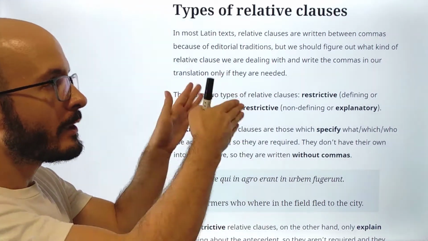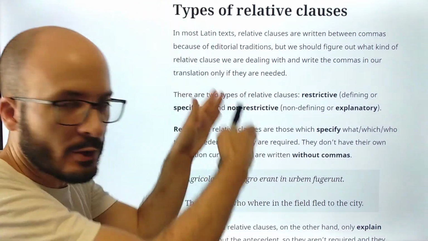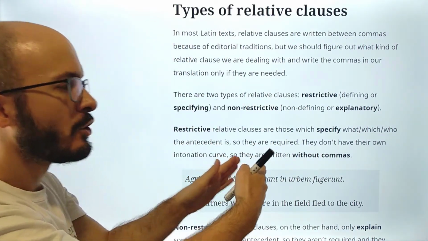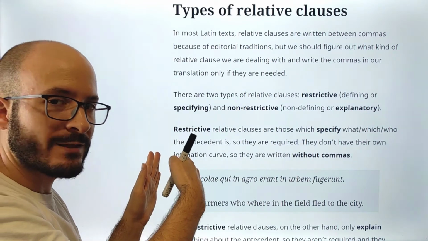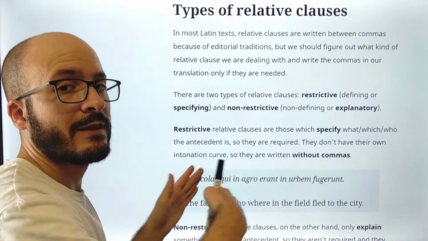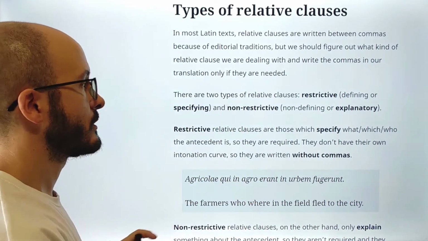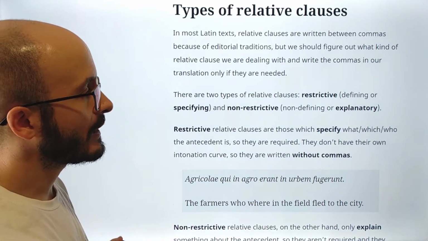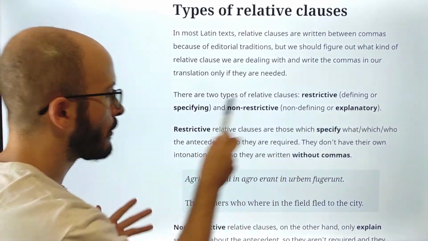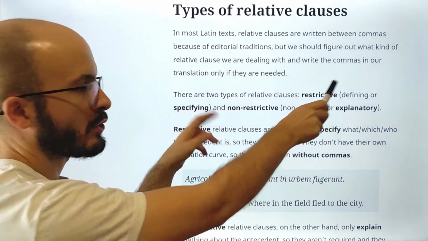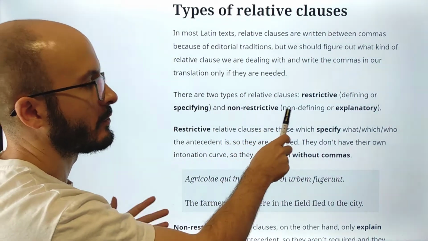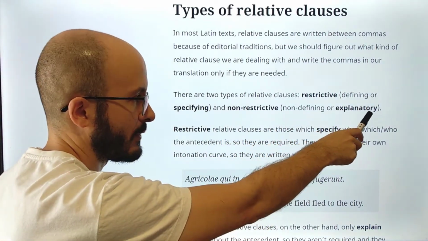That is, we will almost always find commas in Latin. Now, in English, we have to decide, do we have to write the commas or not? Because depending on whether there are commas or not, the meaning is different. We are going to see. There are two types of relative clauses: restrictive, or defining, or specifying, like these three names are the same, and non-restrictive, non-defining or explanatory.